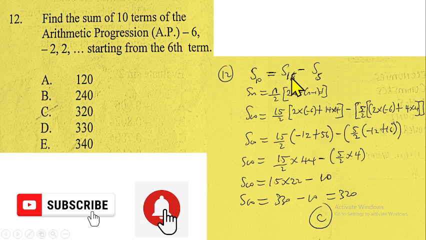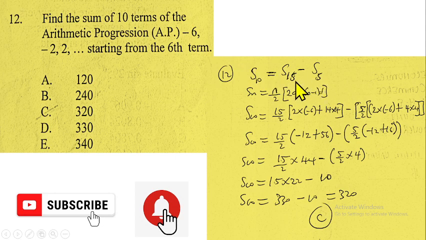So that should be the sum of 15 terms minus the sum of 5 terms. Don't forget that we are starting from the 6th term, so the 6th term is part of it. How do we get 10 terms? 15 minus 5 gives 10.